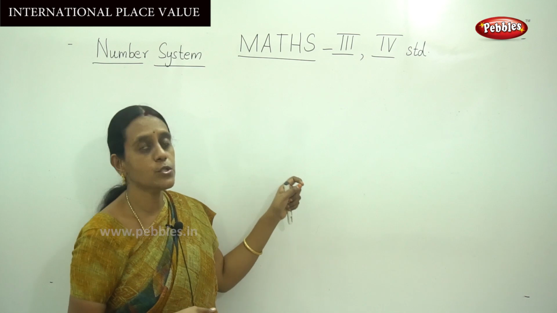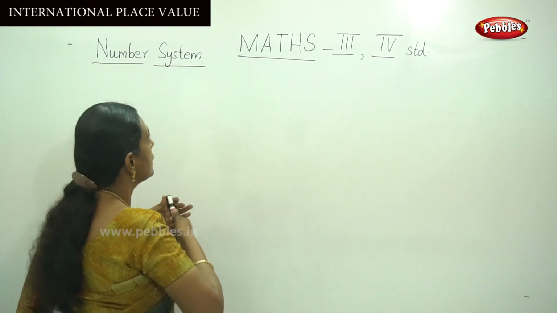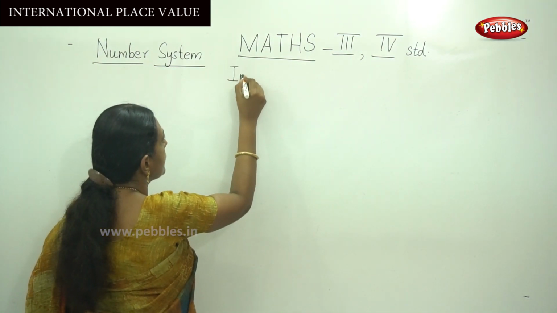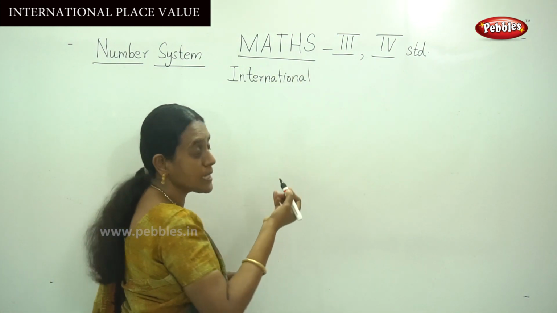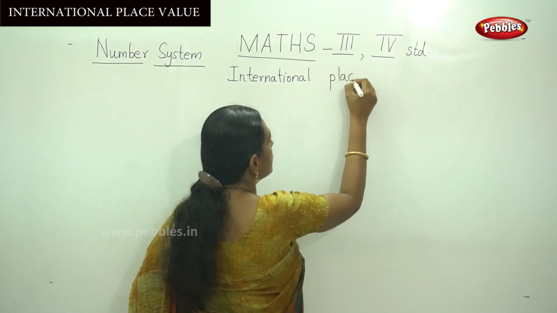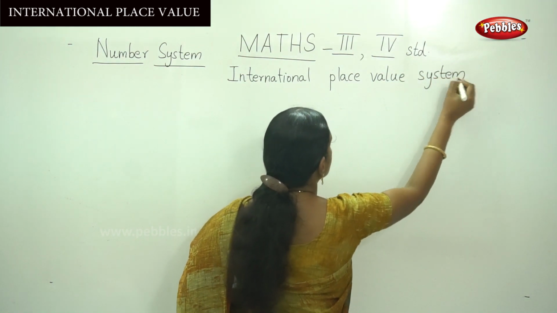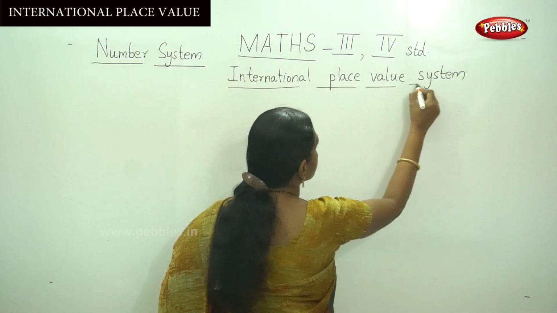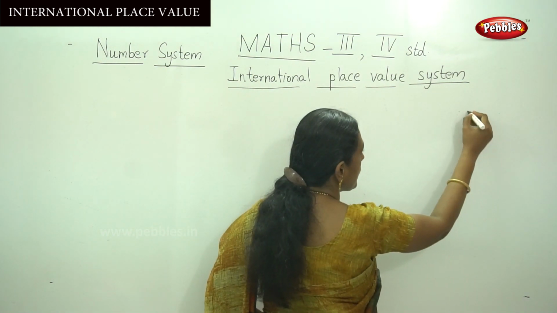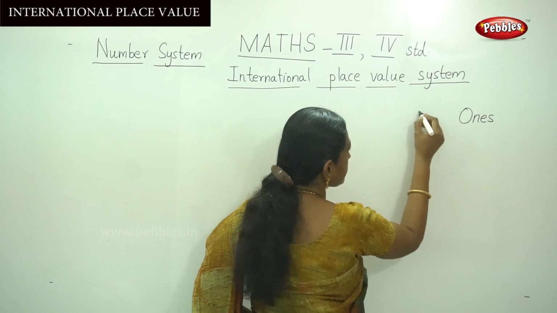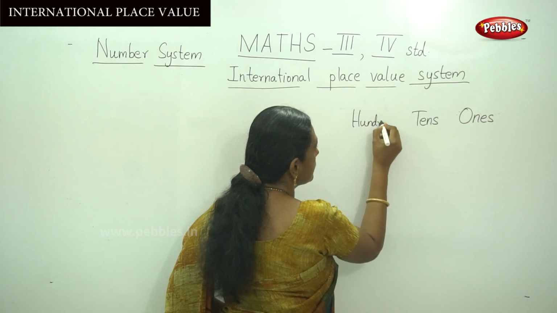Let me draw the column for the international place value system. Our topic is the international place value system. Let me start from the place values: ones, tens and hundreds.